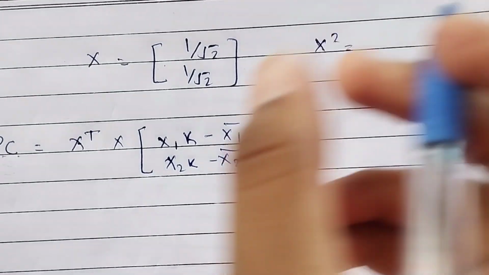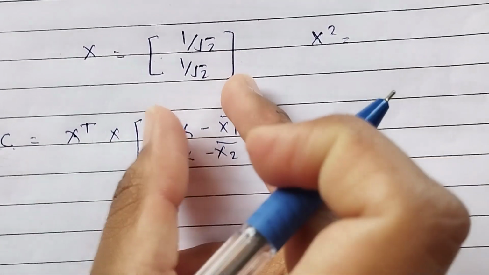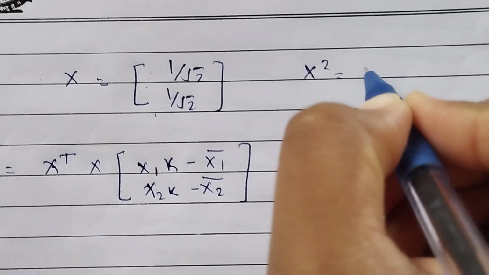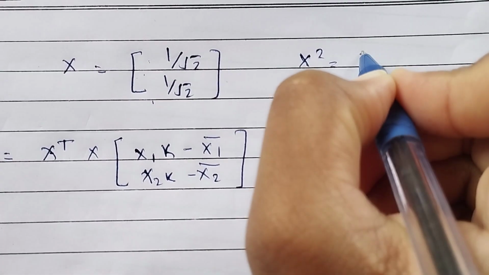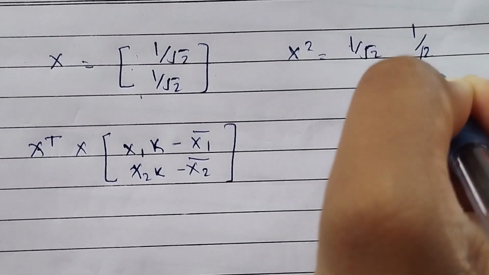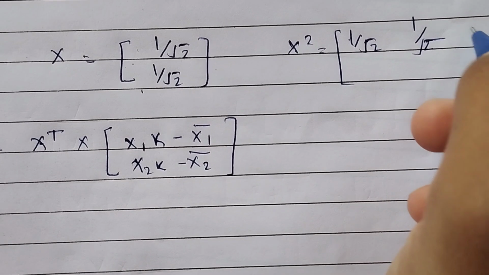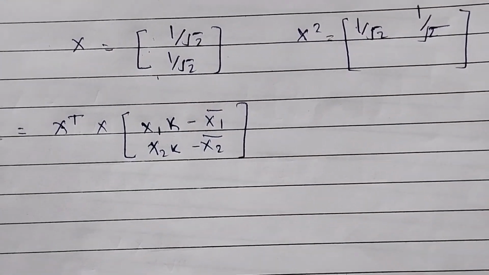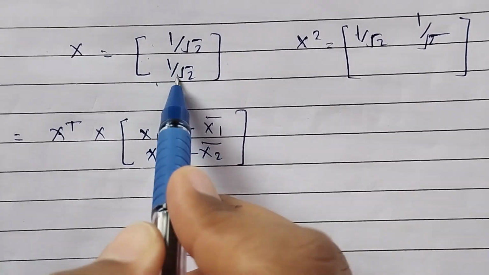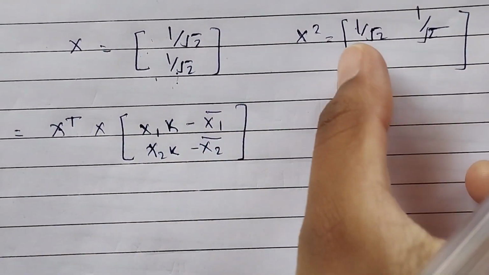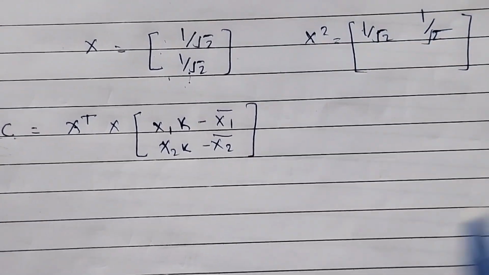This first column means row x1, row x2, which is just like 1 by root 2, 1 by root 2. We know how we transpose the matrix: just transfer column into row. So this first column we transferred into the first row.